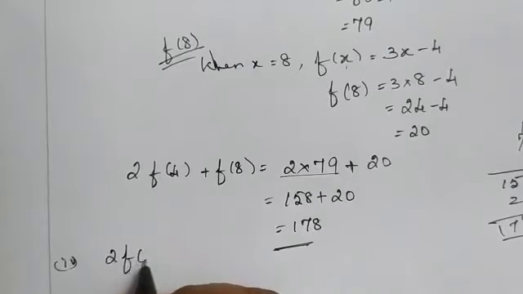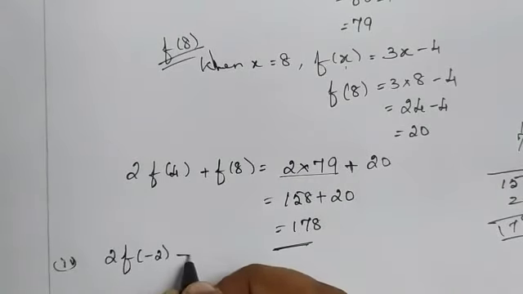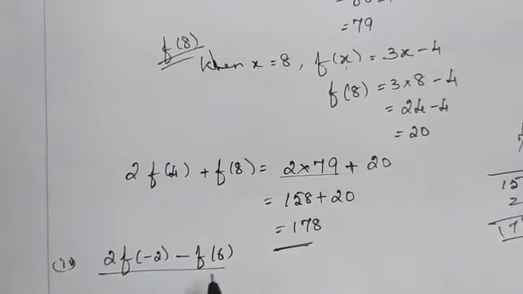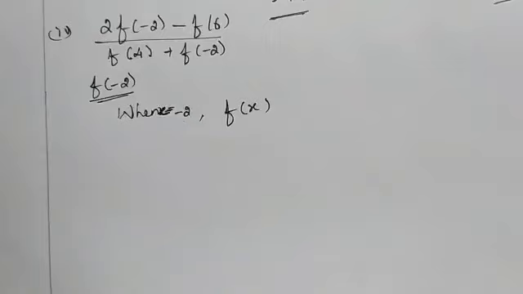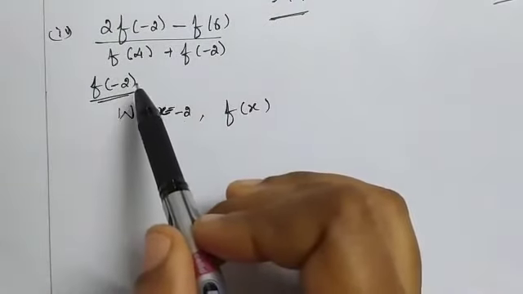2 into f of minus 2 minus f of 6, divided by f of 4 plus f of minus 2. First find f of minus 2.